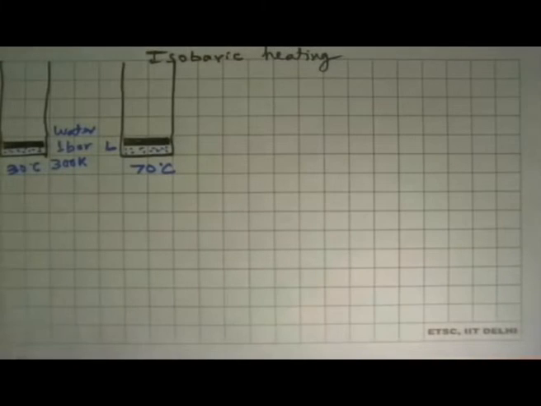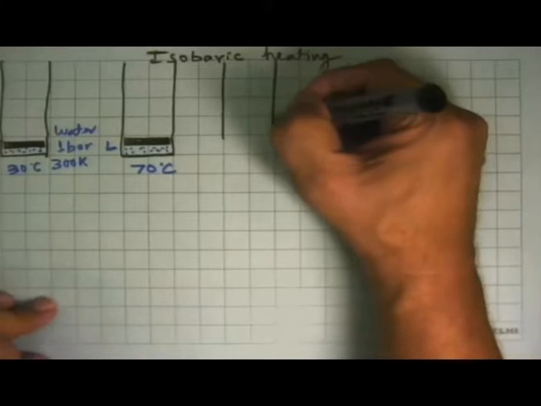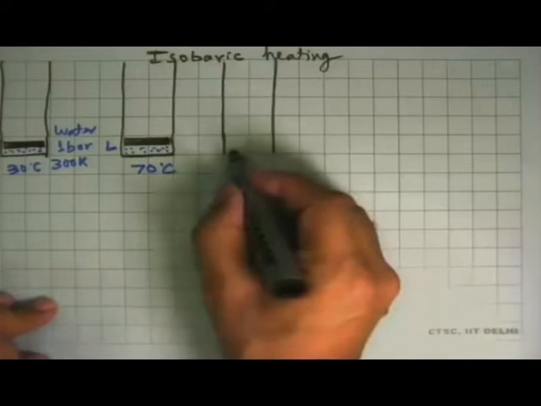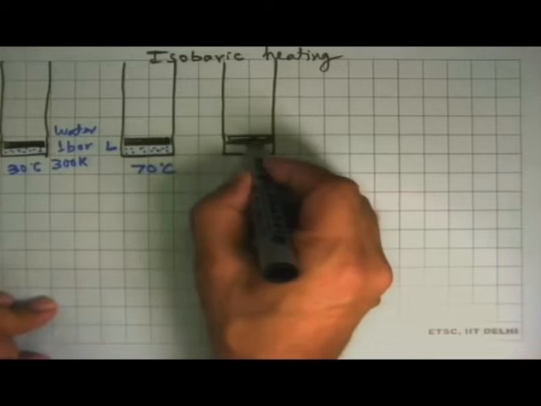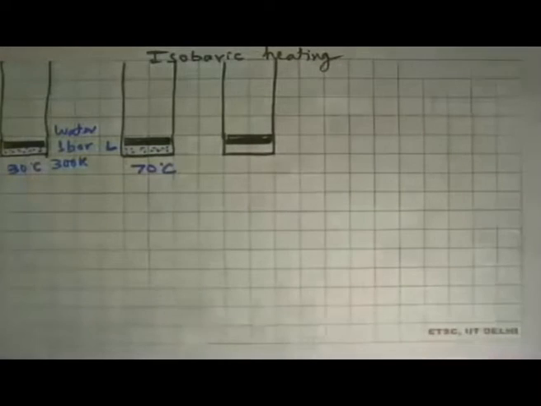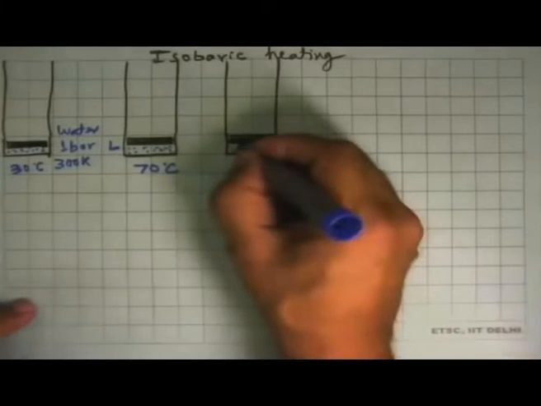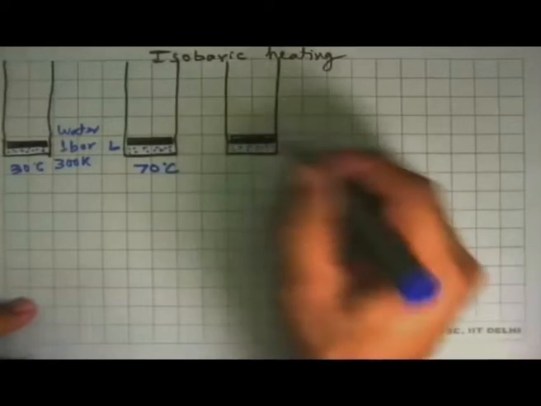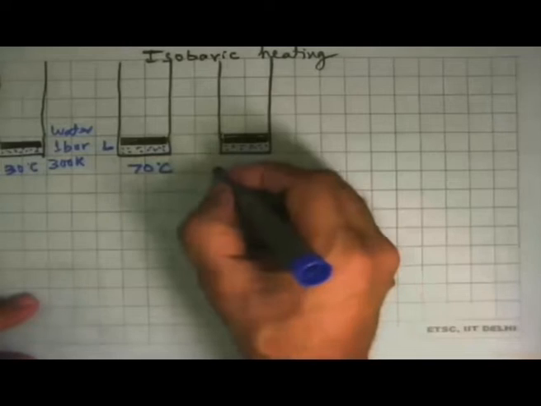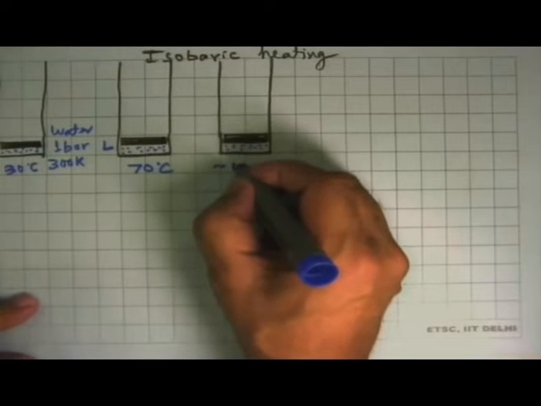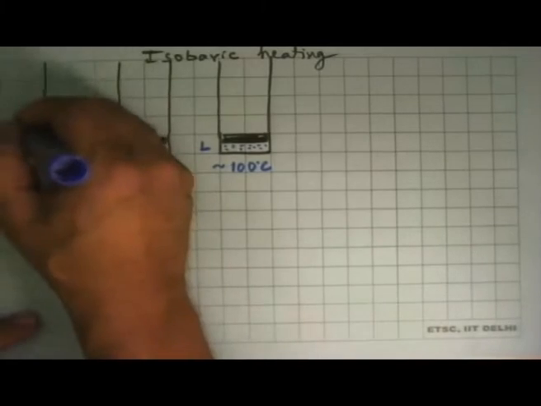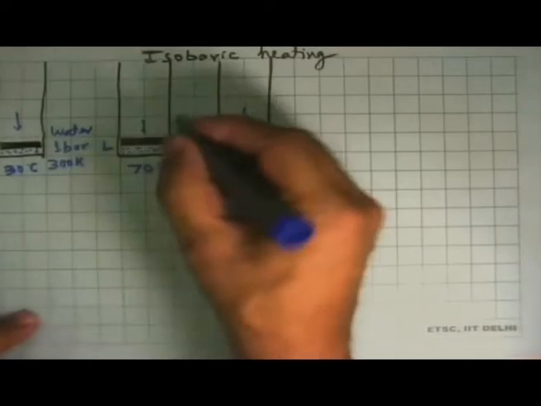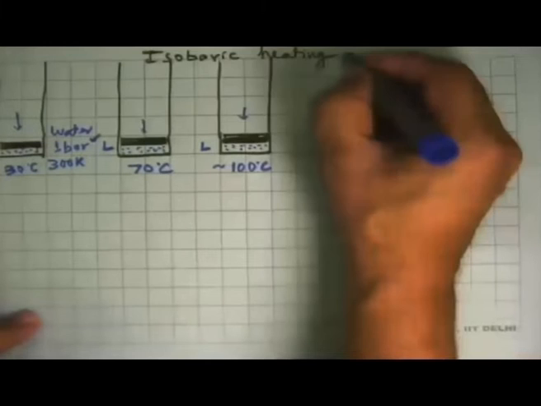Continue this heating and come to a point where this is now close to about 100 degrees Celsius. And the pressure everywhere is still 1 bar.